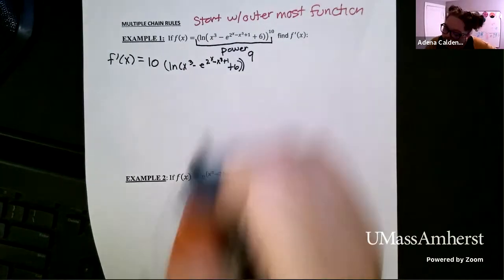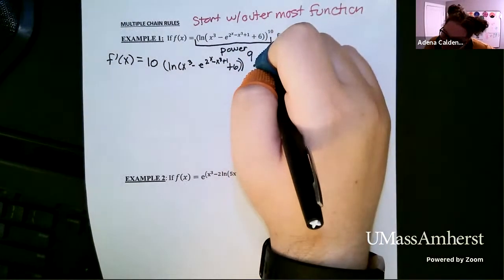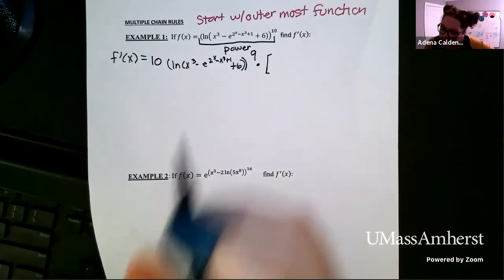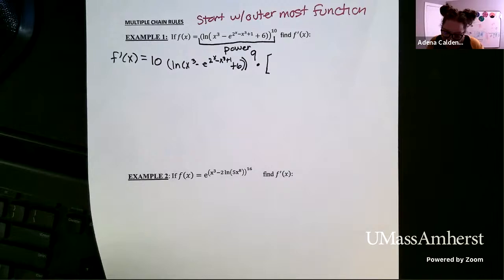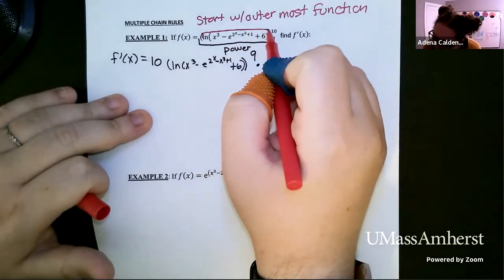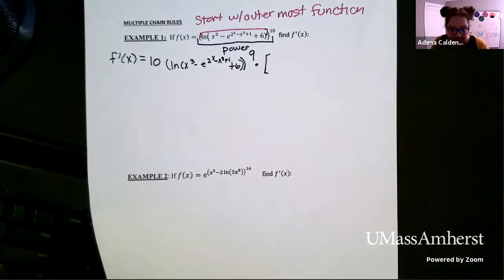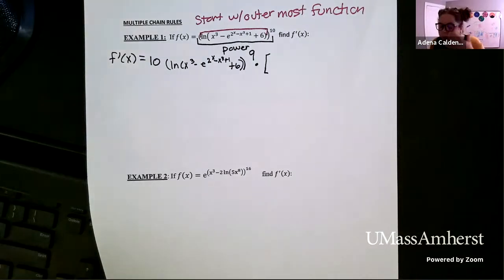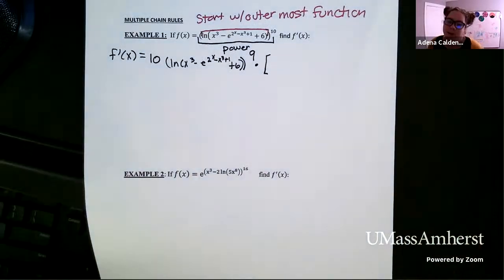But remember, I now have to multiply this by the derivative of the inside. Okay, so the derivative of the inside means I now need to look at what is directly inside the parentheses. And when I do that, what I notice is that I have a natural log function there. So I'm going to have to do a natural log chain rule to fill in the derivative of the inside.